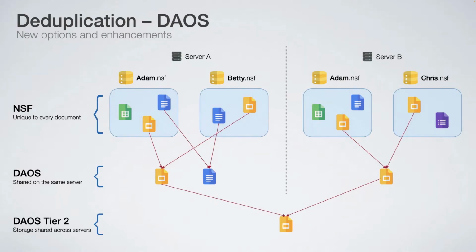And what is new in version 12 is that for this layer, you can have shared secret keys. It means you can do deduplication on a multi-server layer. So not only across NSFs on one server, but also across multiple servers, and you can end up with one instance of this PDF.